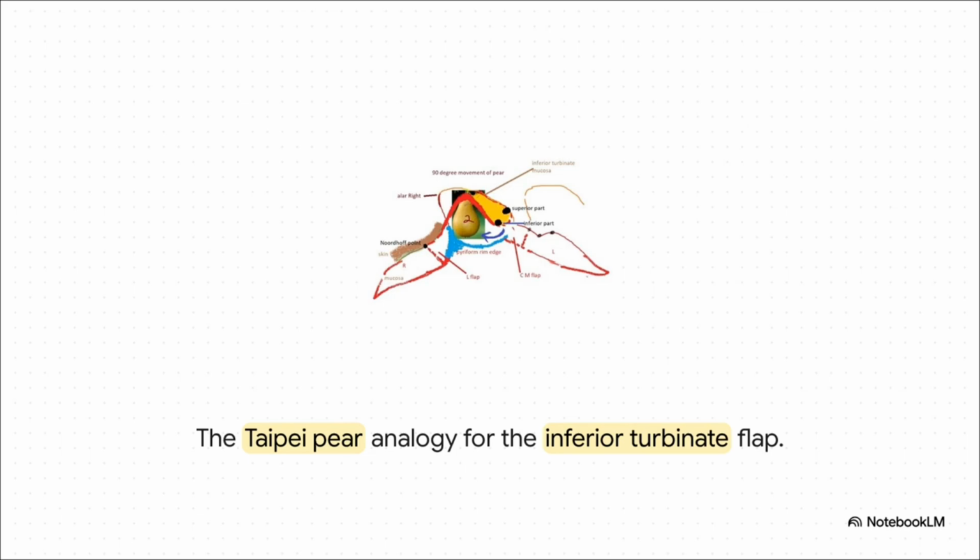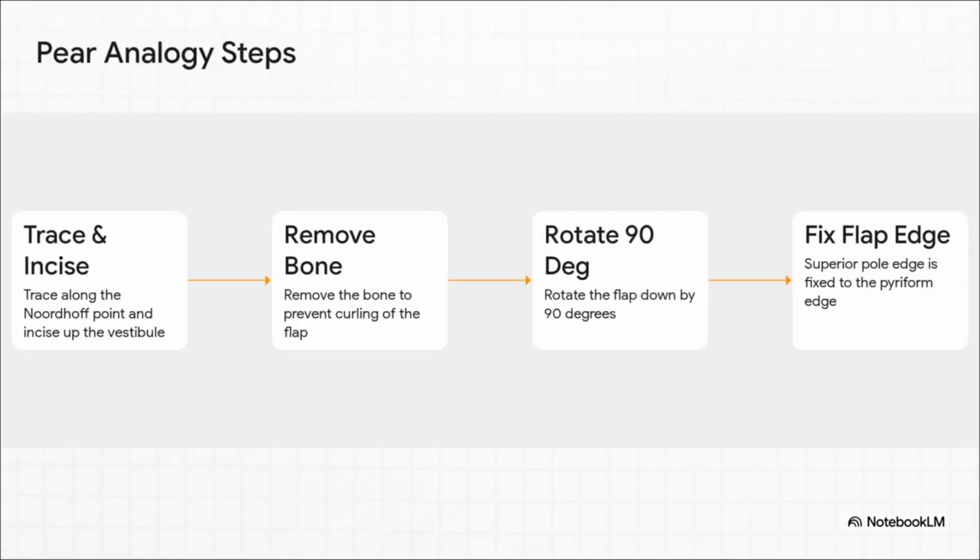Visualizing the continuous mucosal and vestibular surfaces deep inside the nasal cavity is really tough for a trainee. So the analogy asks them to picture those surfaces as the unbroken skin of a pear. Suddenly, by conceptualizing the inferior turbinate flap as this simple, continuous shape, a highly complex 3D space just clicks. It becomes completely manageable. When you follow the pear analogy, the surgical steps become surprisingly clear.